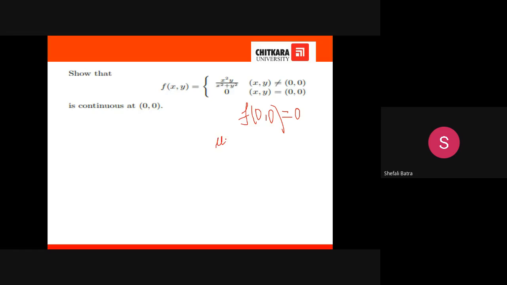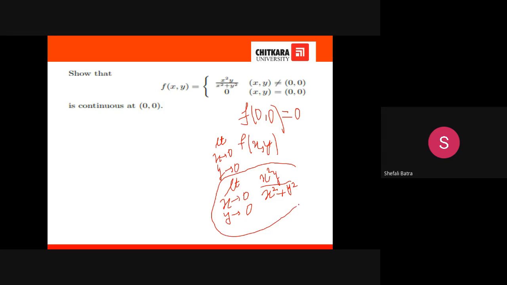Second, you need to check this. Limit x approaches 0, y approaches 0, f of x comma y, exist or not. Now you will tell me: limit x approaches 0, y approaches 0, x square y upon x square plus y square.